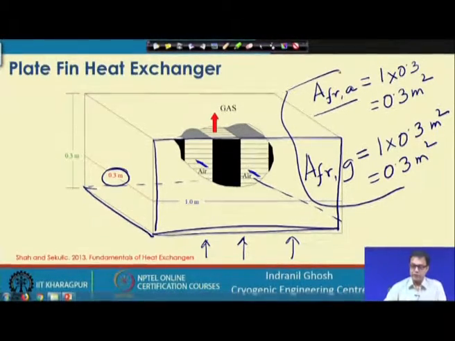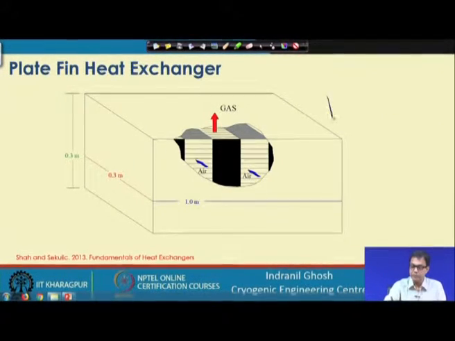Now, we can also try to find out the volume between the plates, because why is it necessary? Because we have been given some parameter beta, which has already been told for each type of fin, and since we know beta, we can try to find out the heat transfer area if we are able to estimate the volume between the plates.